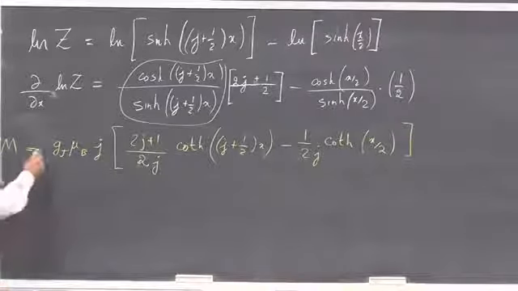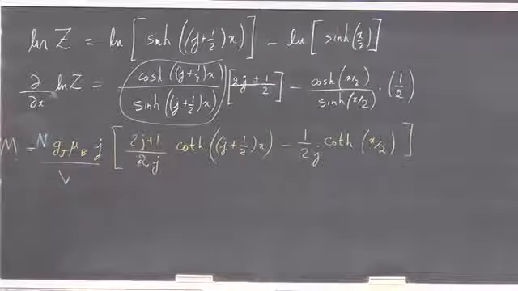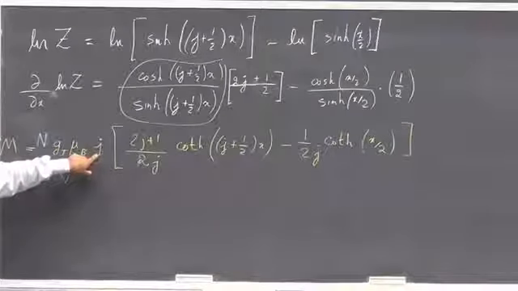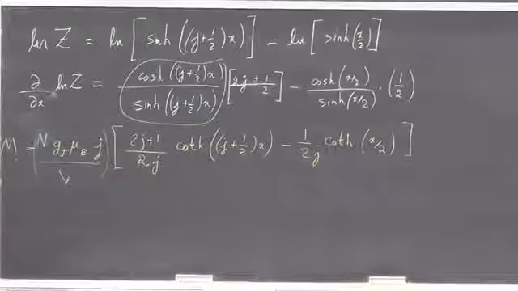Of course, there are n particles and the volume is V. If all the particles are aligned, the magnetic moment of each one would be gj μB times the maximum value of mj. The maximum value of mj is J. So this thing is nothing but the saturation magnetization.